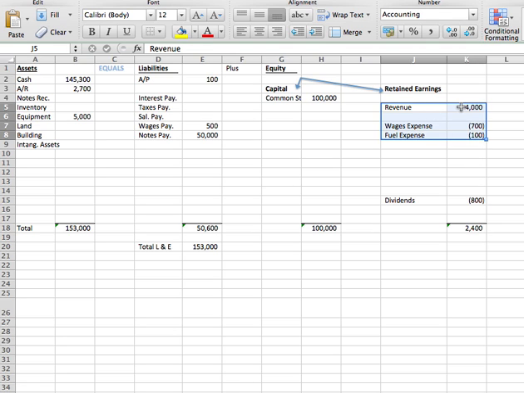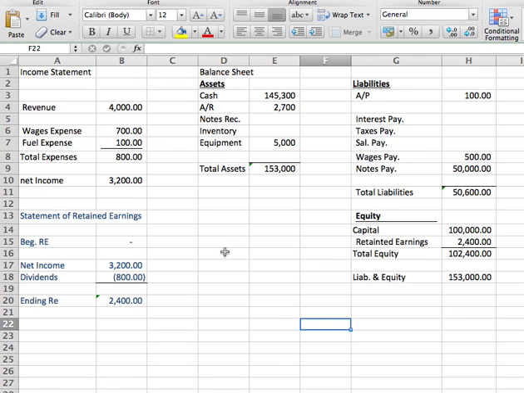Please note revenue is $4,000, wage expense is $700, fuel expense is $100. So in my income statement, here's my revenue, 4,000, wage expense, 700, fuel expense, 100, total expense, the sum of these two, 800, and thus net income, which is revenue minus all my expenses for this period of time, is 3,200.